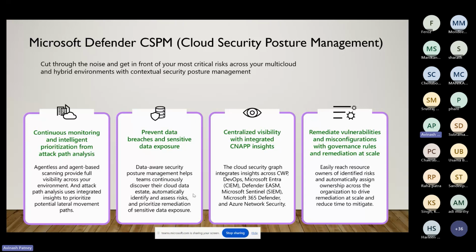Now, agentless and agent-based scanning. I think this is so important, especially when we try to understand any of the attack vector around the path, in terms of potential lateral movements across resources and services, and it provides those in-depth details. Prevent data breaches and sensitive data exposure.